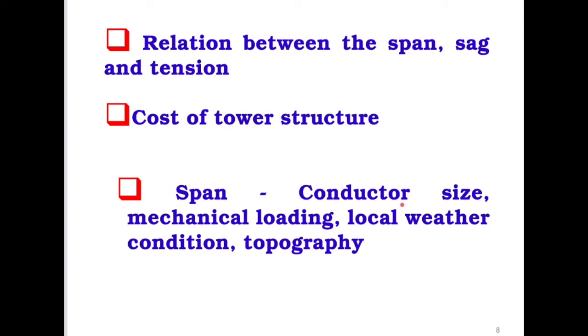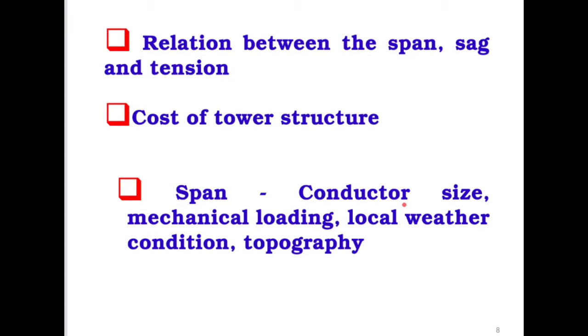So first one, the conductor size. Now the conductor size means the diameter of the conductor or the cross-sectional area. And we know that for conductor cross-sectional area, we choose it to ensure that the conductor losses are minimum, because conductor size will determine how many amperes can flow through the conductor.